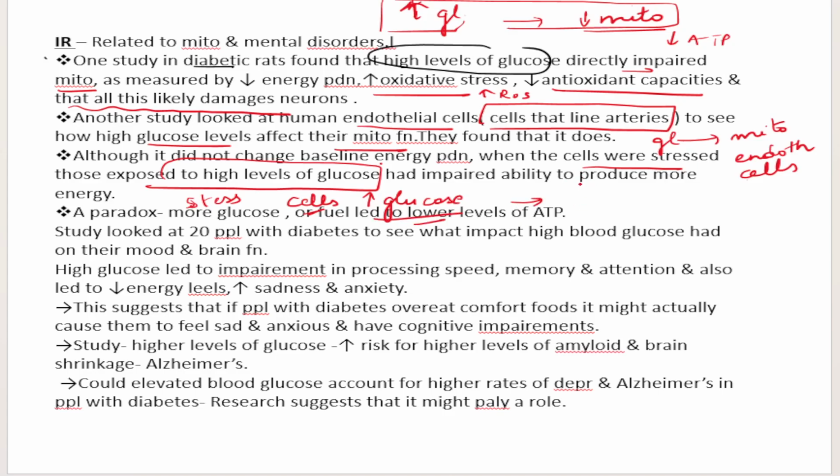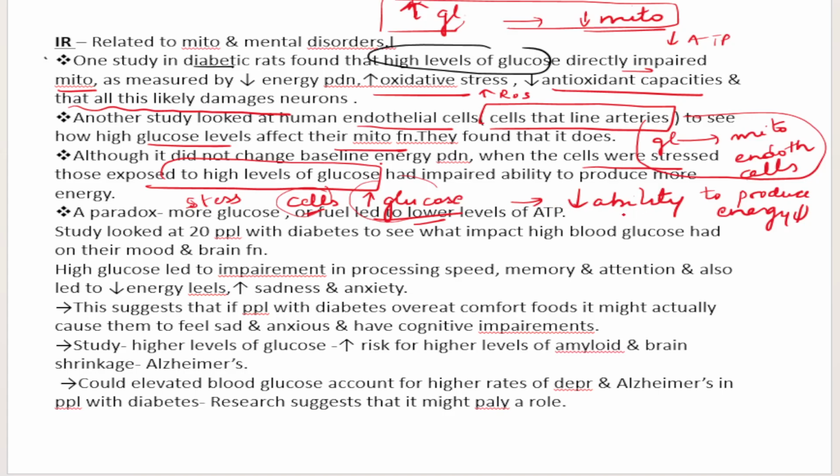had an impaired ability to produce more energy. So when there was stress, the cells which were exposed to high levels of glucose had decreased energy production.